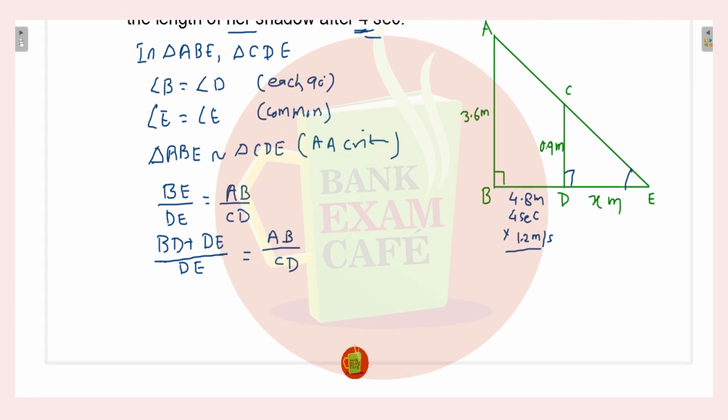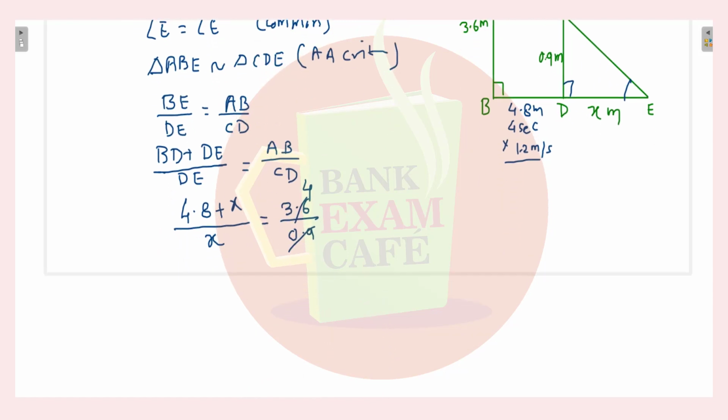Now this can be solved further, that BD plus DE, that is 4.8 plus X. So it is 4.8 plus X upon DE. DE is again X. So which is equal to AB upon CD, that is 3.6 upon 0.9. This will be 9 1s are 9, 9 4s are 36.